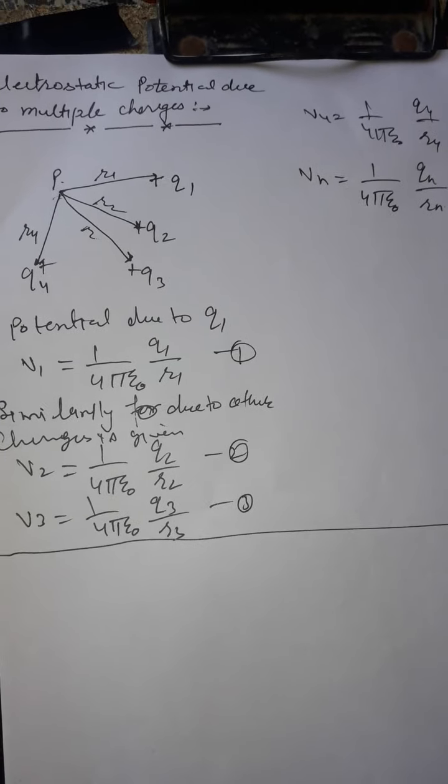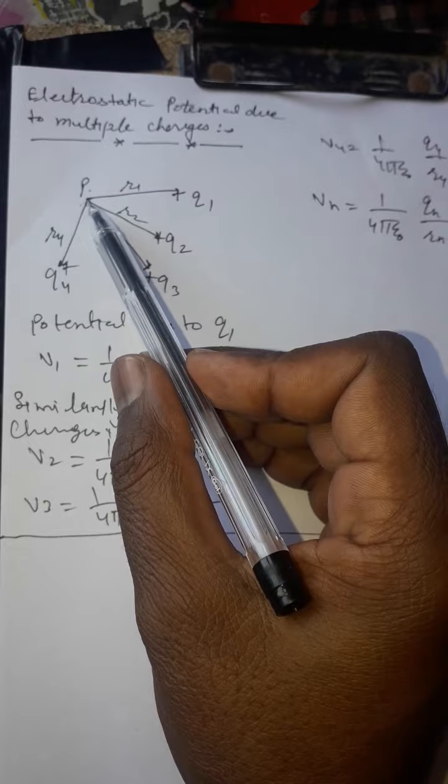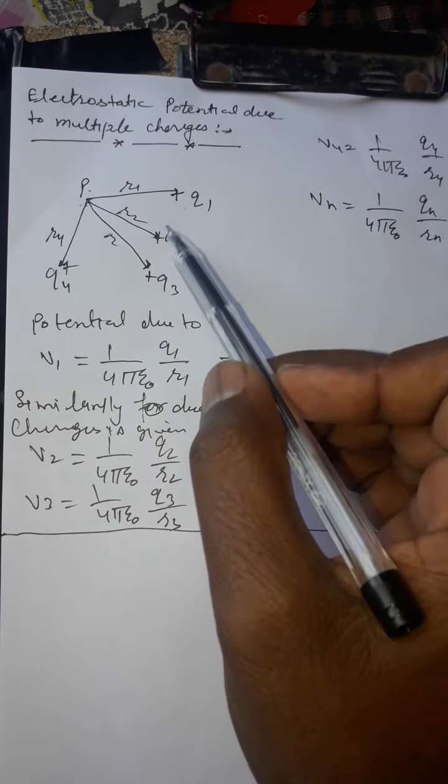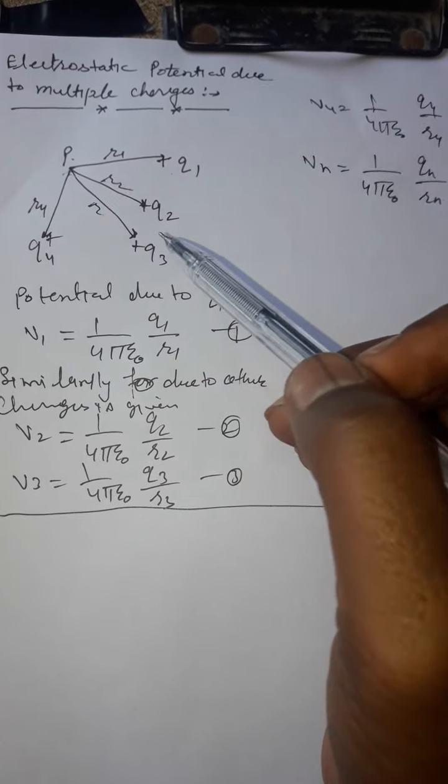Now, if we want to calculate the potential at point P due to the system of these charges, we can use the principle of superposition.